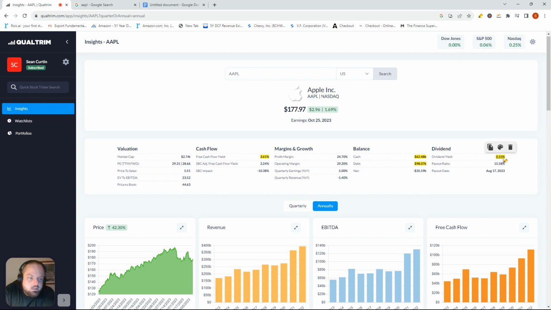So I'm highlighting the metrics that we need to be taking a look at, for the most part. Let's start over on the right hand side. So they pay a little bit over 0.5% for a dividend yield, and their payout ratio is 16%, which means of their bottom line, only 16% is going to shareholders.